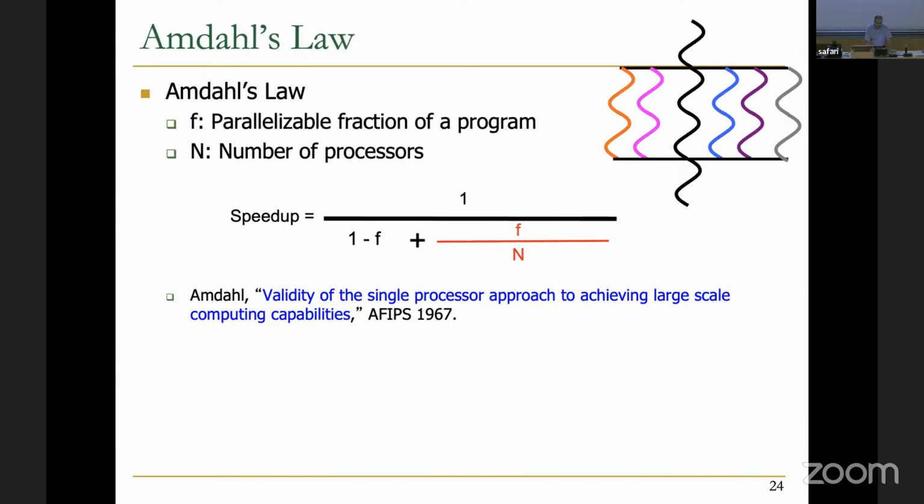If our parallelizable portion of the application is 50%, imagine that you have an infinite number of cores and infinite parallel processors. Then f over n is going to be 0, but in the end your speedup is 1 over (1 minus 0.5), which is 2. So your speedup is going to be at most 2, which is so sad, right?